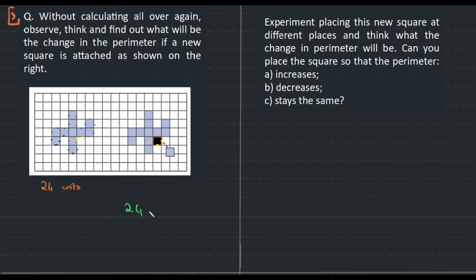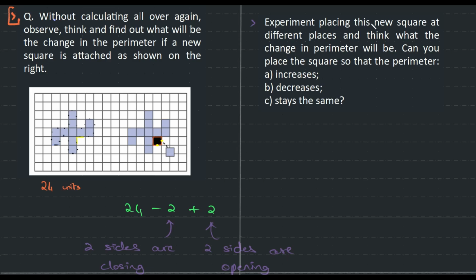So this is 24 minus 2 plus 2. Why minus 2? Because two sides are closing up. Why plus 2? Two new sides are opening when you add the square.